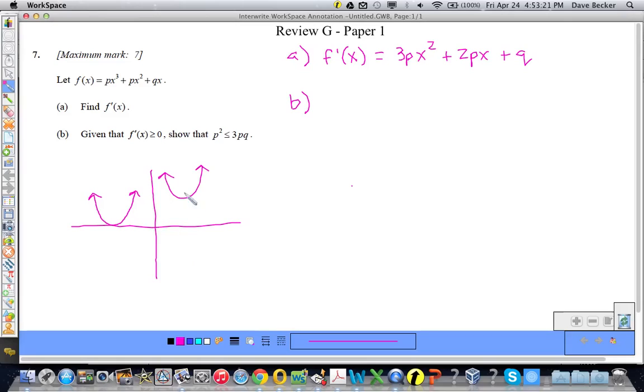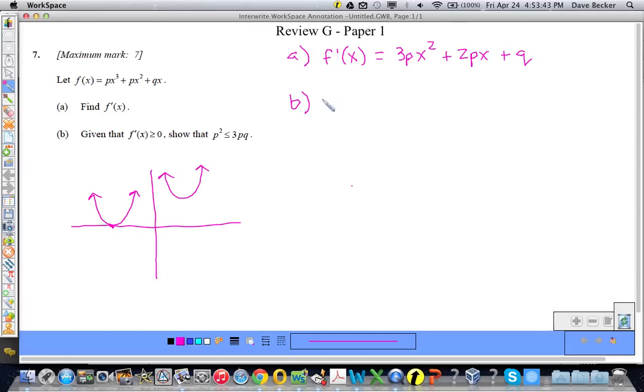And we have to think about the solutions then, okay? If it's above the x-axis, then there are no solutions to this quadratic if we set it equal to 0. If it touches, if you remember, it's a double root, okay? And how can we tell that without actually finding the answers?